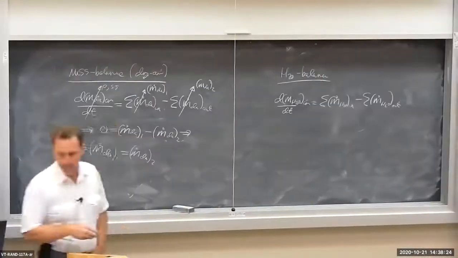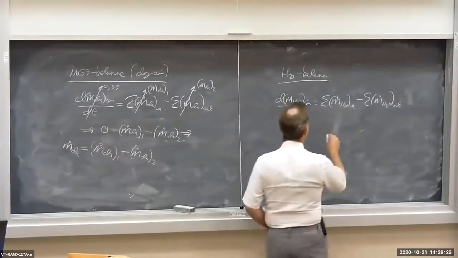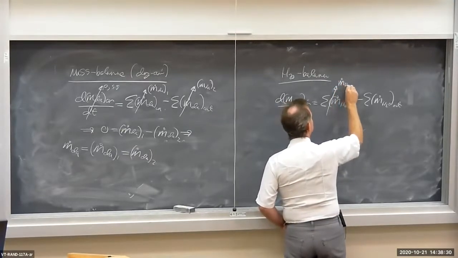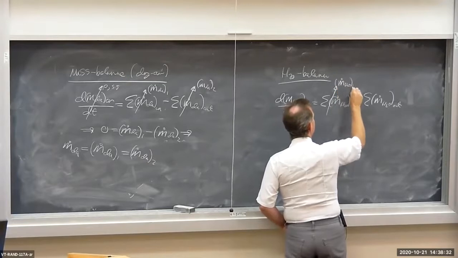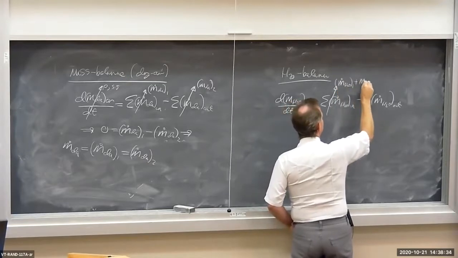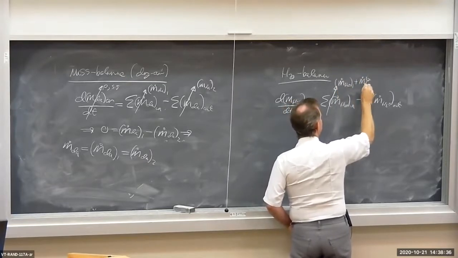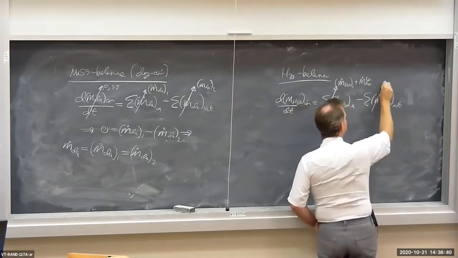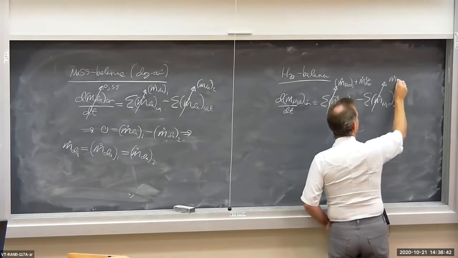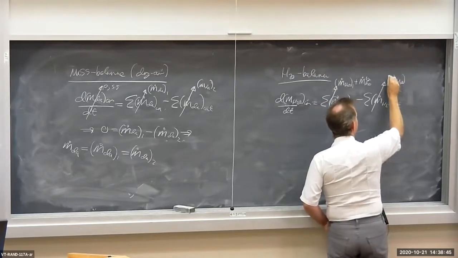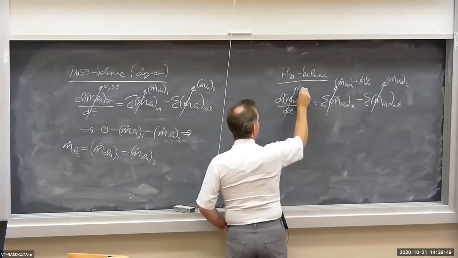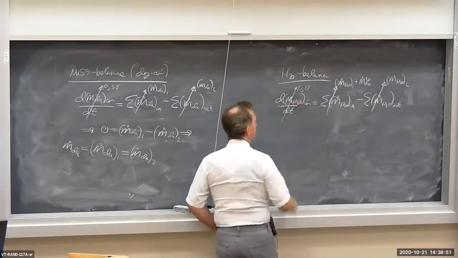So plug in, 2 inlets, 1 outlet. So I have m dot H2O at location 1 plus m dot liquid H2O minus m dot H2O at the outlet. And of course, we're in steady state, so this is 0 right here, okay?